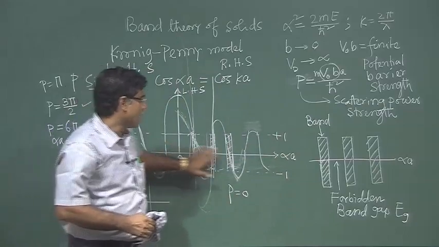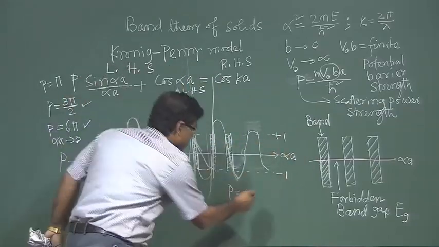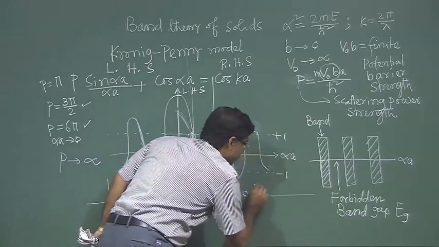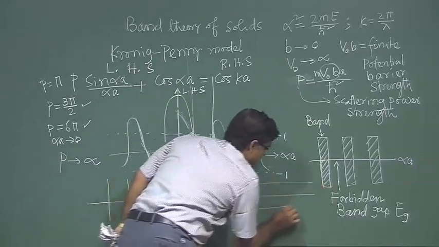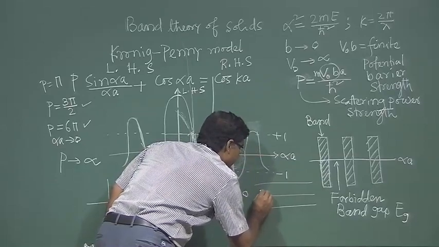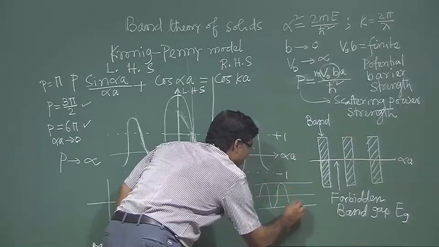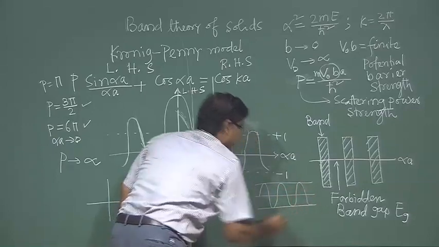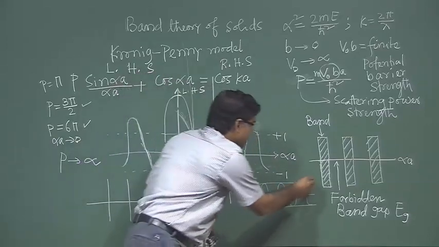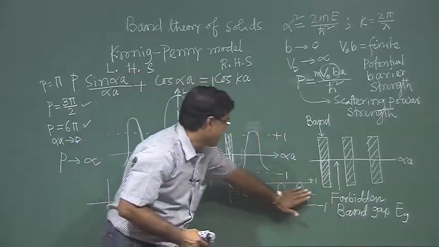So, all alpha a values are allowed, all energy will be allowed, right. So, this variation will be within +1 and -1. So, all values are allowed.